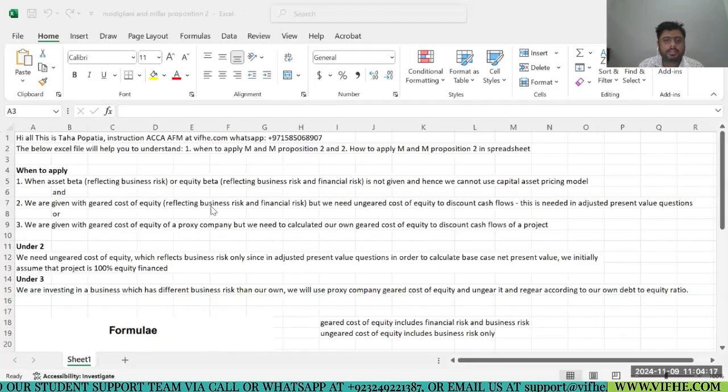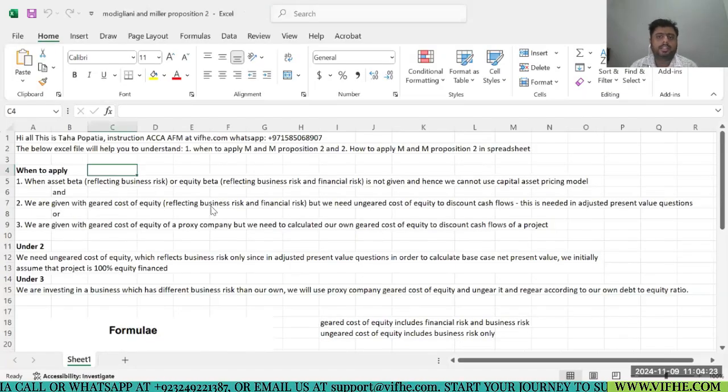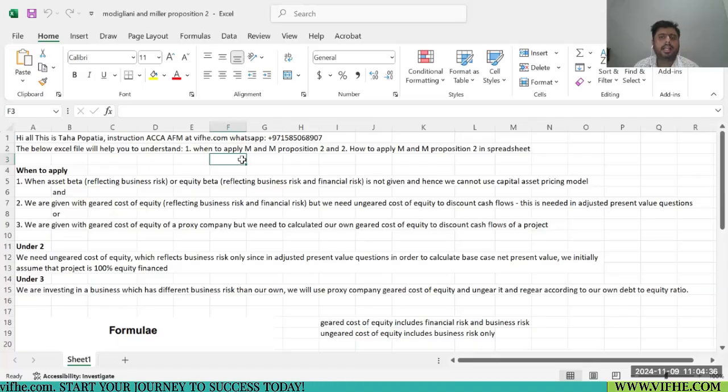One change is about how we have to apply the Modigliani and Miller model. So I have prepared a small file in front of you, which will guide you on how we apply the M and M proposition, and also why and when to apply it.